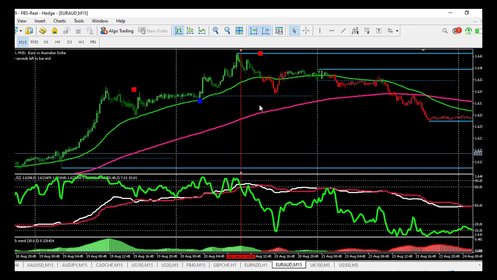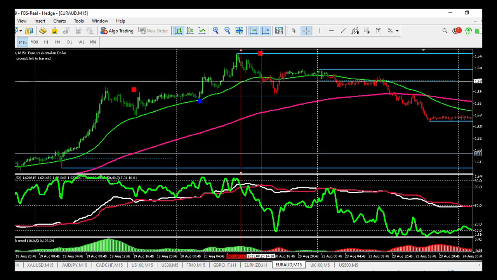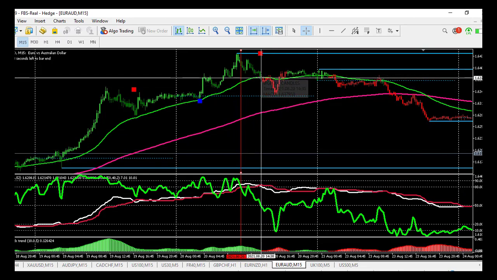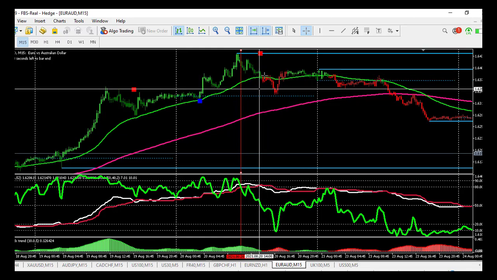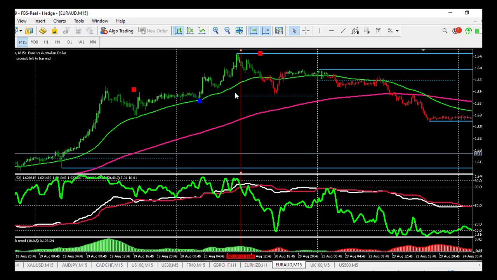So at this point also, we have the ADS trend indicator turn to red, and this is below the 50 MA. At this point, we have everything in agreement.